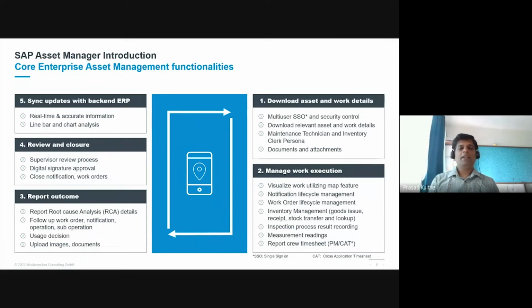Once they complete their execution part, which can be performing their maintenance work, time confirmation, or arranging the materials, they can report the outcome of the maintenance execution. The outcome could be reporting root cause analysis from the site, or a follow-up action, follow-up work order or notification, or many times it's simply capturing a photo using the camera before and after work execution.